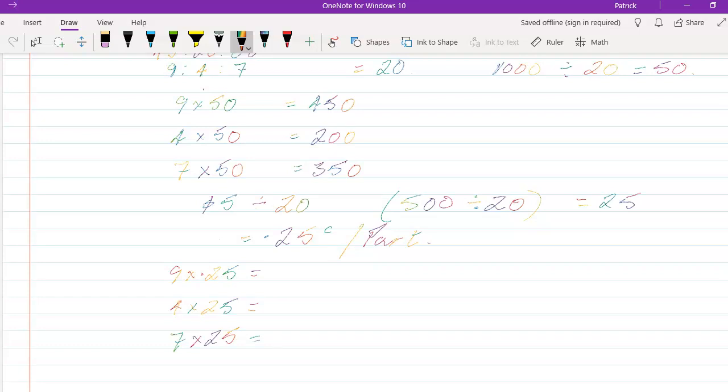So it's quite simple. The first person has put in $2.25, the second person has put in $1, and 7 times 25 is going to be $1.75. And if I add those three, you'll find that that comes to $5.